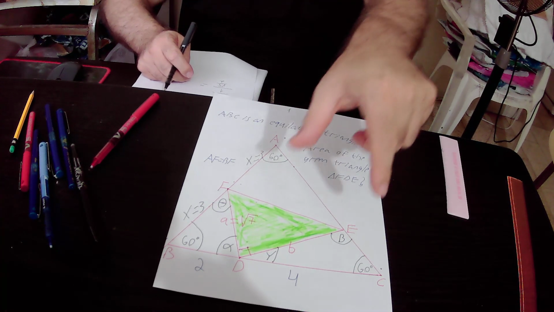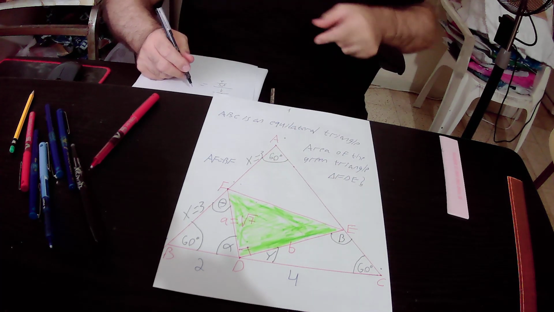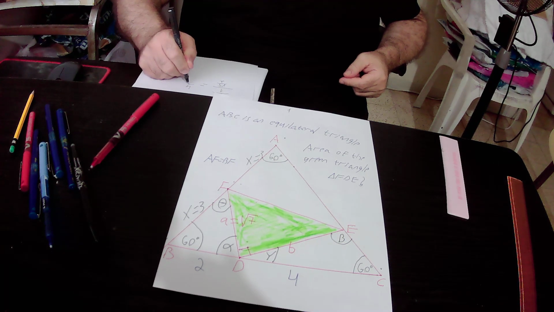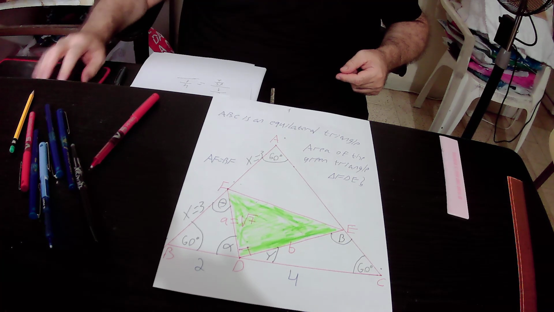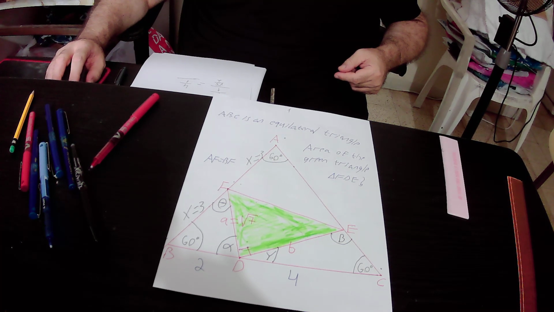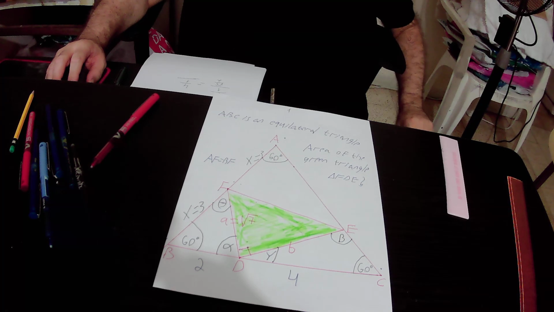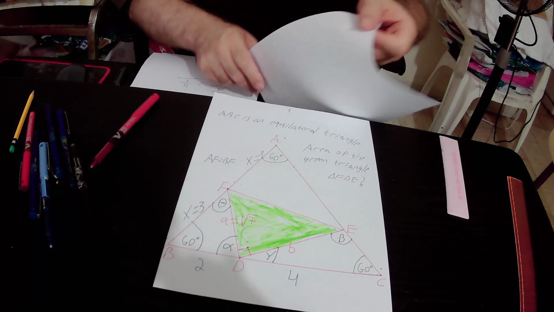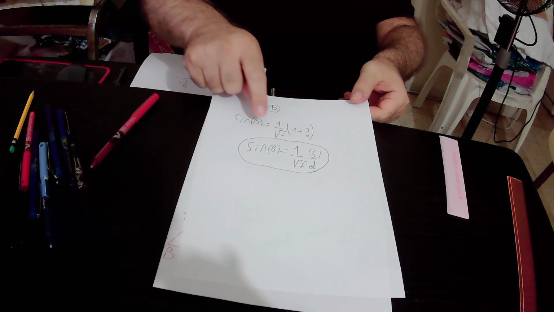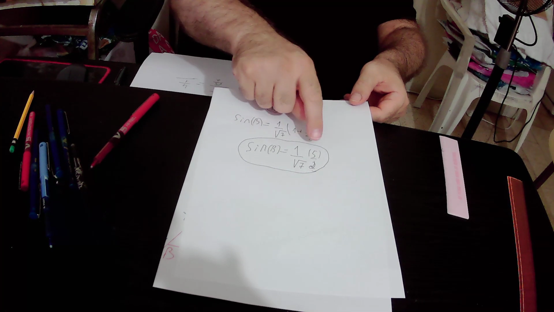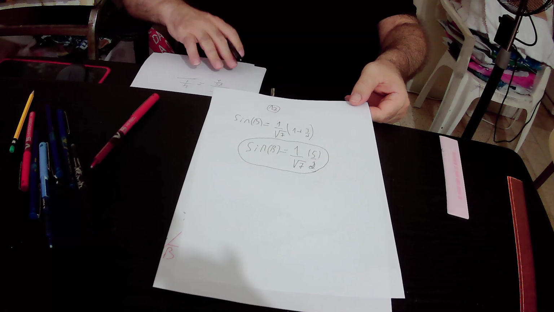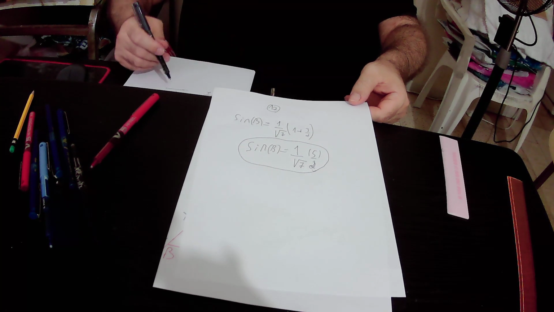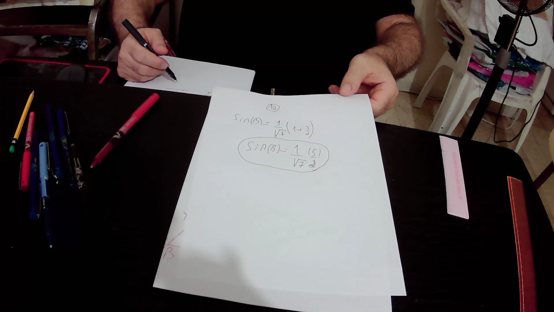What is the value of DC? DC equals to 4 units. And we have already found out that the value of sinus beta is 5 over root 7 times 2. Okay? So we can write down the value of sinus beta in this equality.